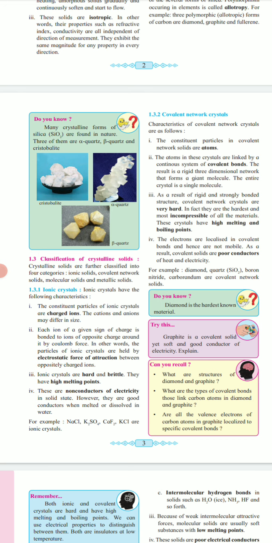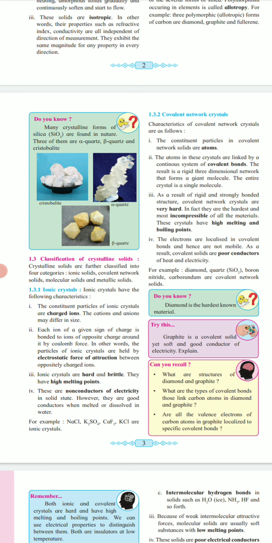This results in a rigid three-dimensional network that forms a giant molecule; the entire crystal is a single molecule. As a result of the rigid and strongly bonded structure, covalent network crystals are very hard. In fact, they are the hardest and most incompressible of all materials.